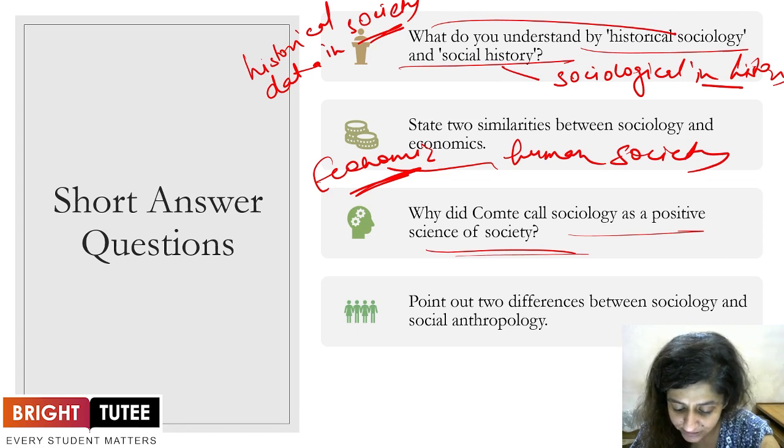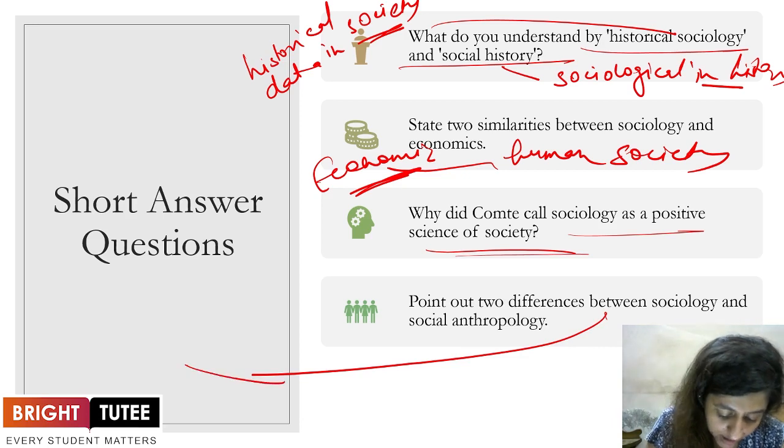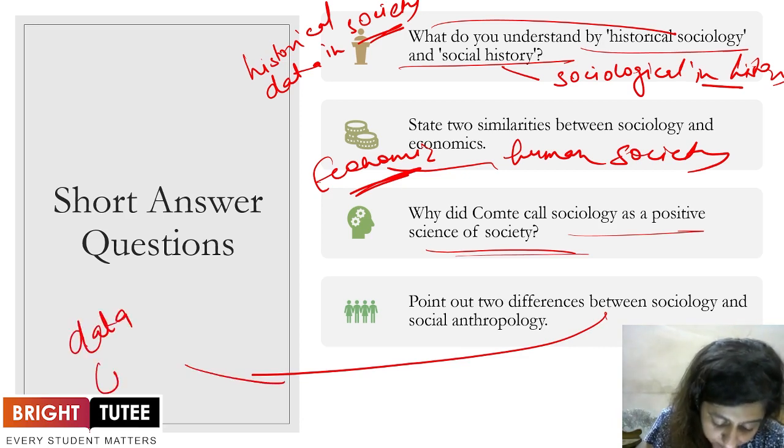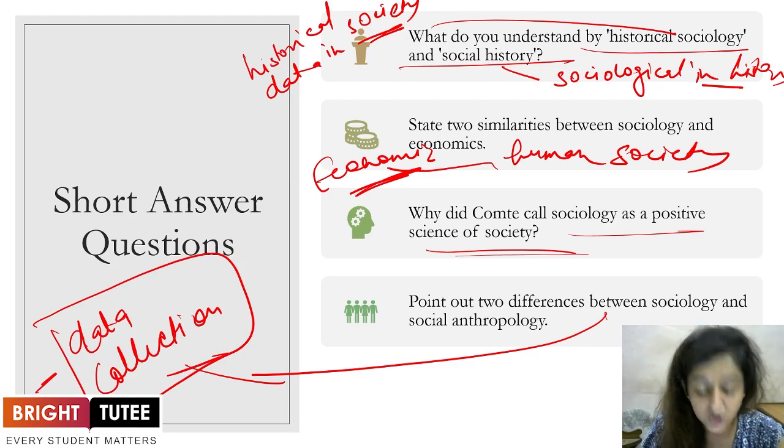Point out two differences between sociology and social anthropology. One is the way of data collection: sociology takes its data from social surveys, and social anthropology collects its data chiefly from participant observation.